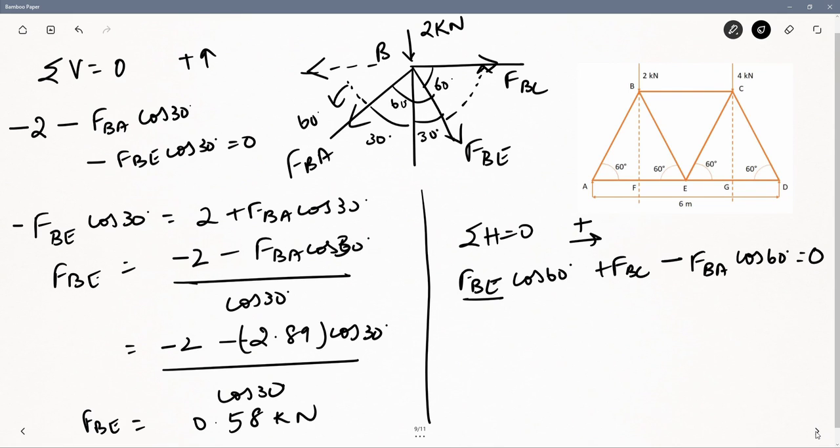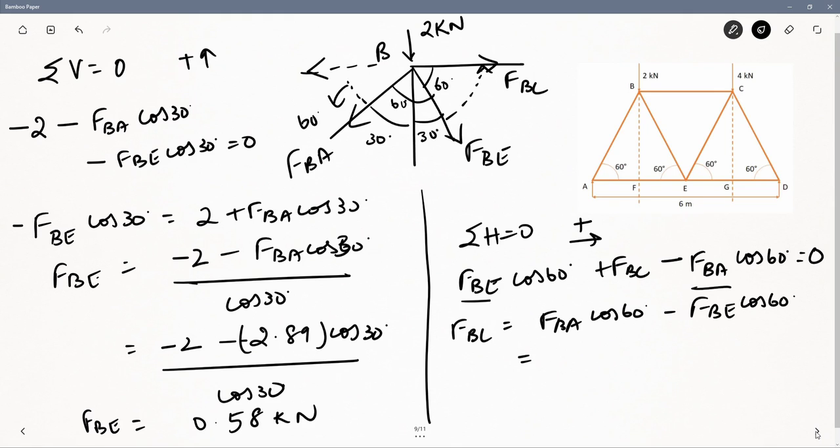In this equation, I know my FBA value and FBE value. So my equation would be FBC equal to FBA cos 60 minus FBE cos 60 degrees.